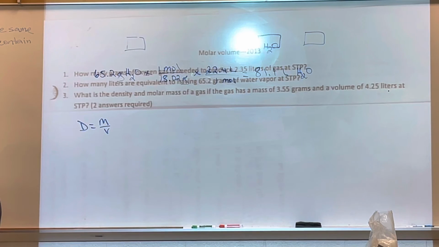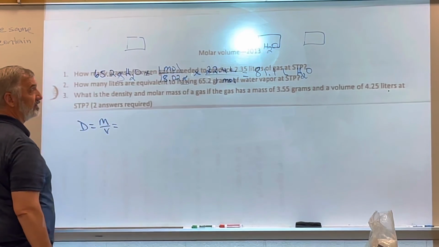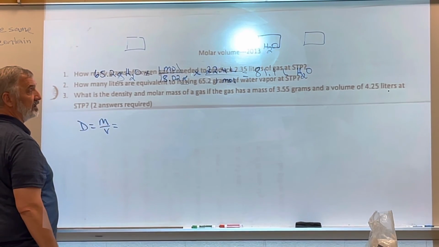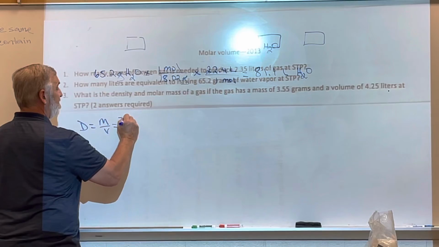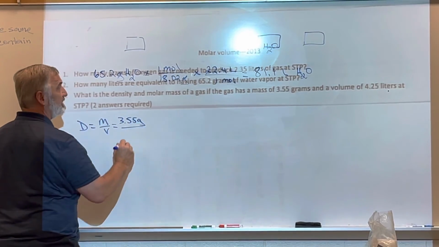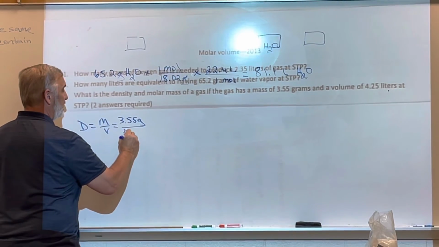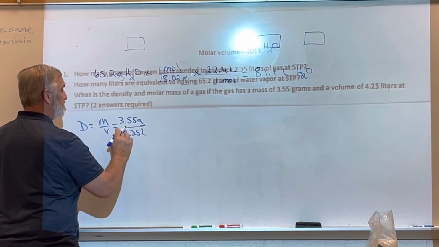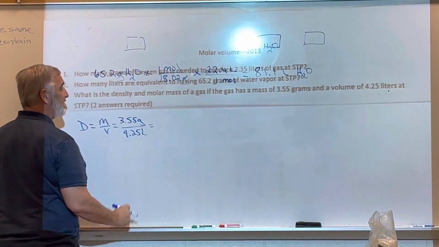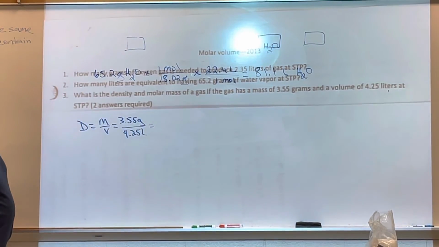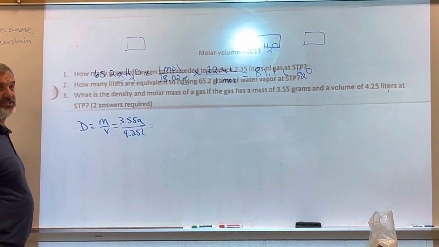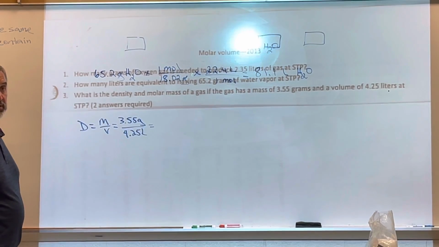Do I know either one of those? Yes. I know both, right? So the mass is what? 3.55 grams, and the volume is 4.25 liters. So you just divide that out, and you get the density. Do we have an answer? I got 0.835.